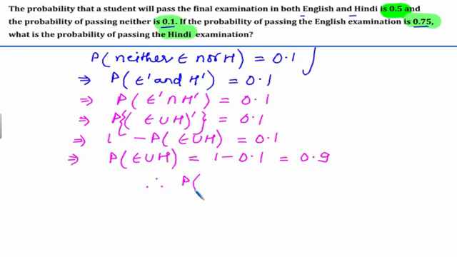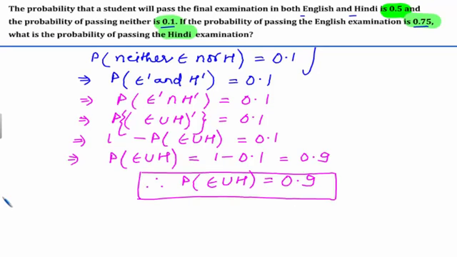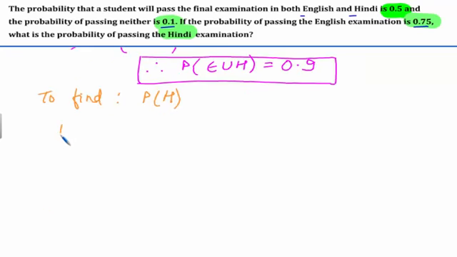Therefore, probability of E union H is equal to 0.9. We have to find probability of H.